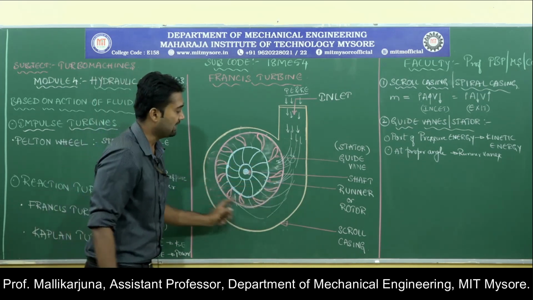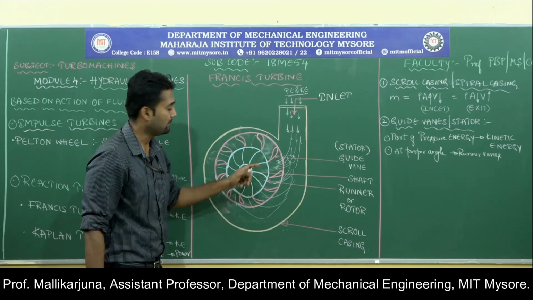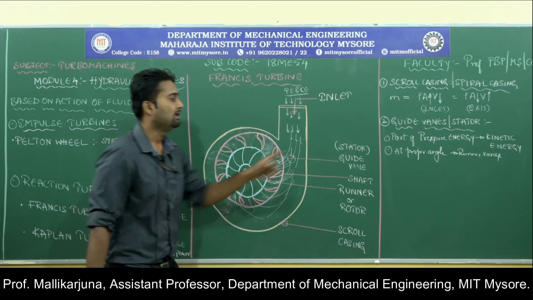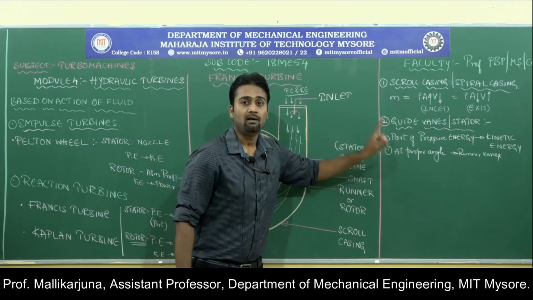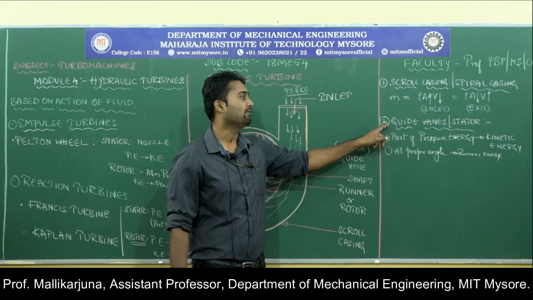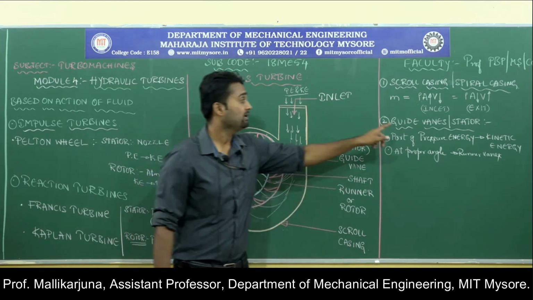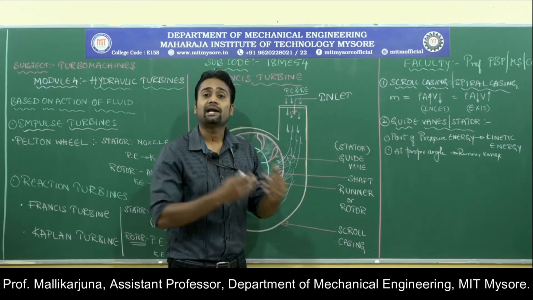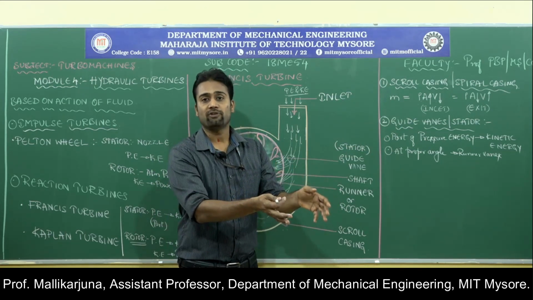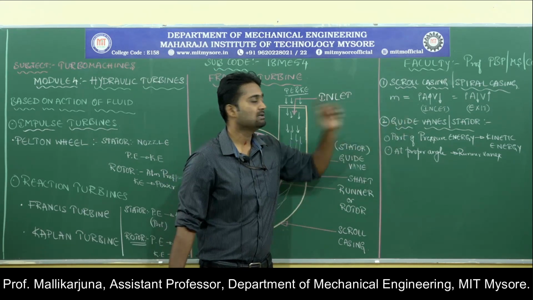The guide vanes are attached to the disc in such a way that each of the moving blades is receiving the fluid at that particular angle only. That fluid discharge at this particular angle has to be taken care of by the guide vane itself. That is why it is called the guide. It is guiding the fluid, it is guiding the liquid towards the moving vanes. That is why these are considered as guide vanes.